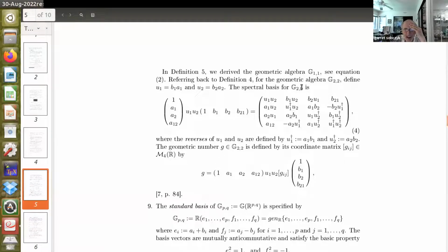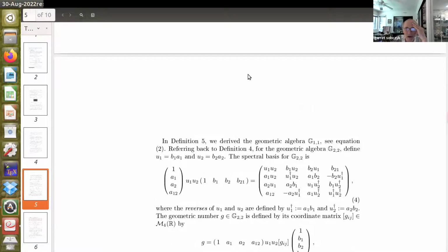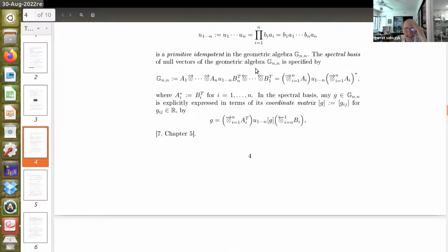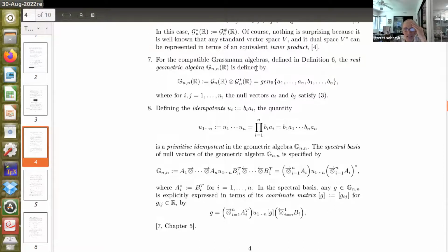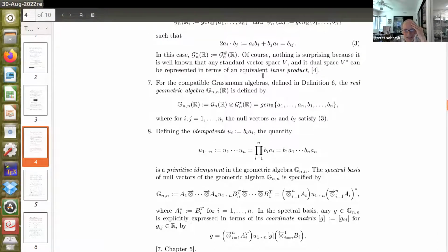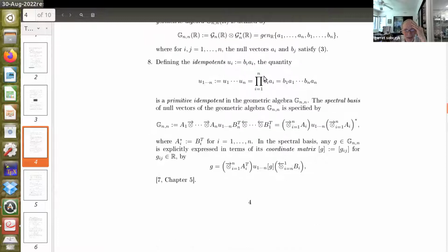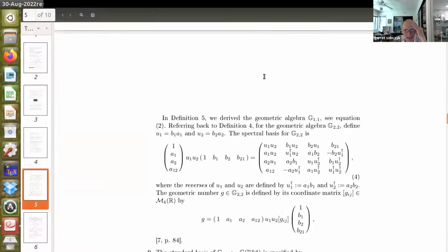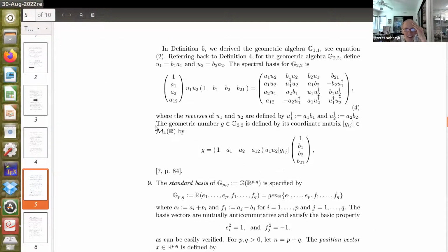So again, I will define my vectors E1 to be A1 plus B1, E2 equal to A2 plus B2, and F, you know, is equal to, did I do that? I don't remember. I guess I did that too. I hope, I think I did it. Okay, here.